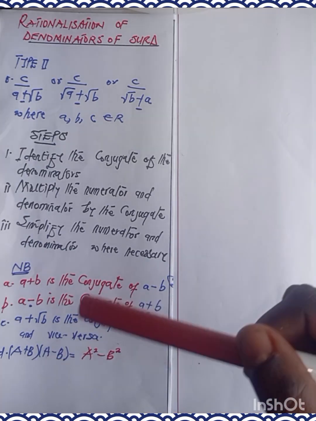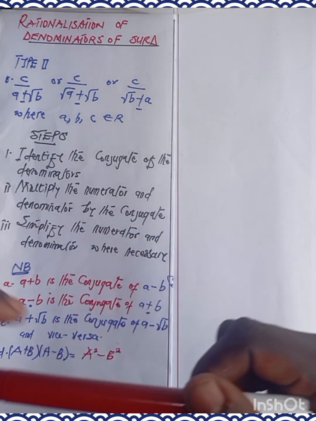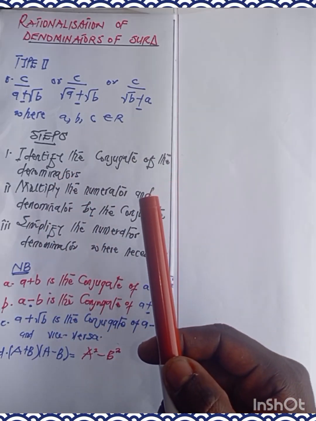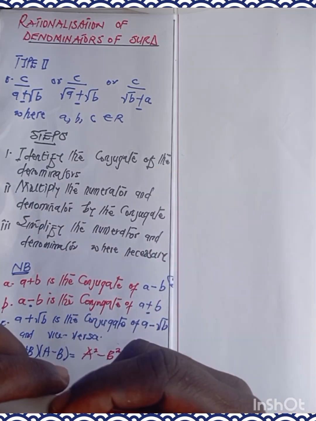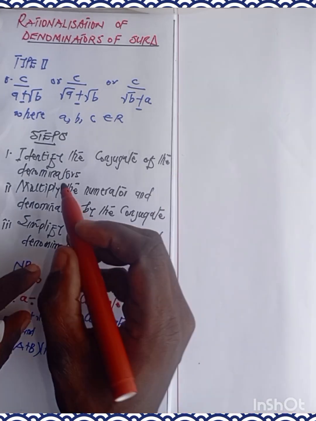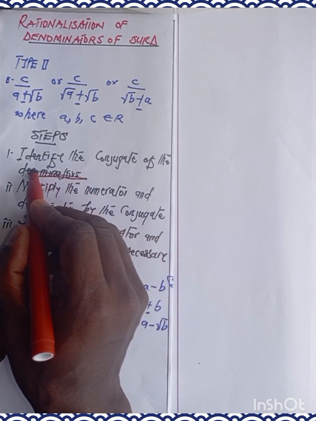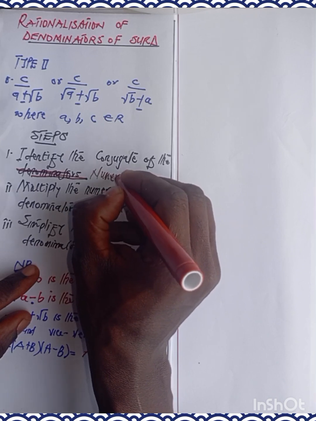So let's go through. We just have to make a little change in the steps. We said: identify the conjugate of the denominator. That is for the rationalization of denominators of a set. So with the numerator of a set, we just have to identify the conjugate of the numerator.